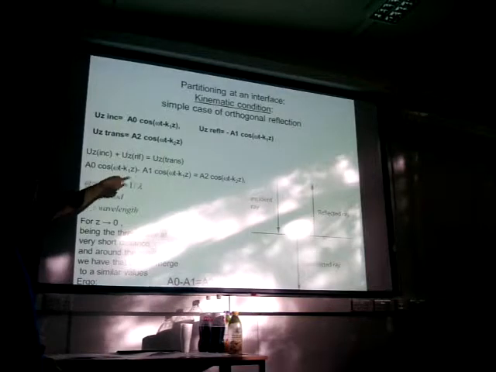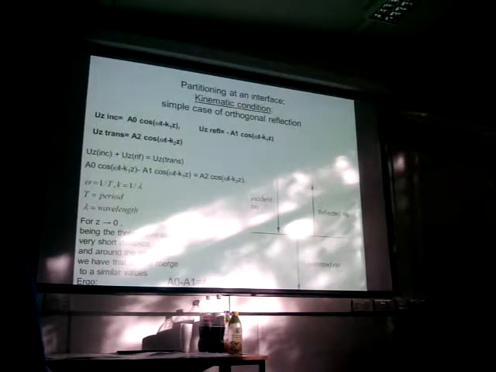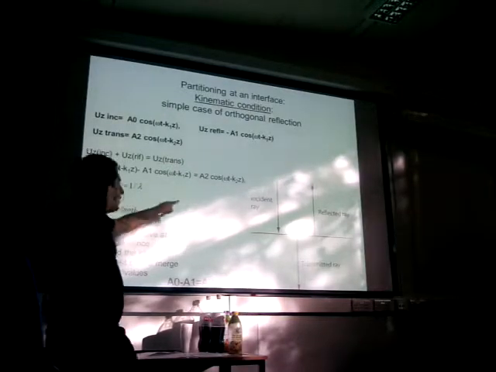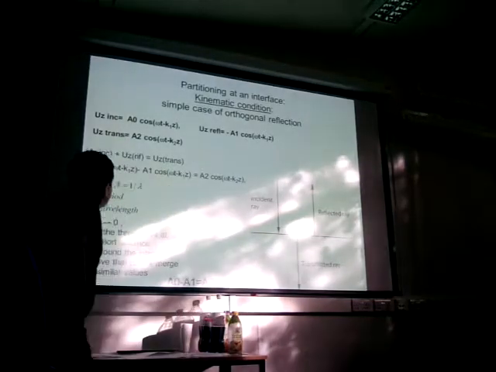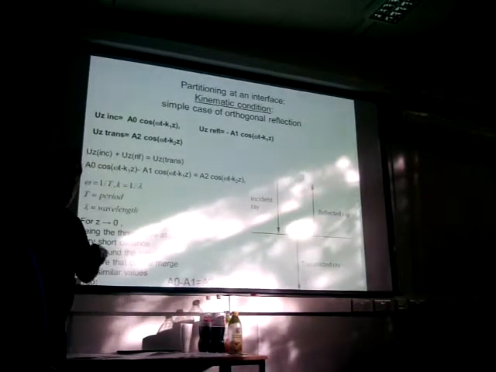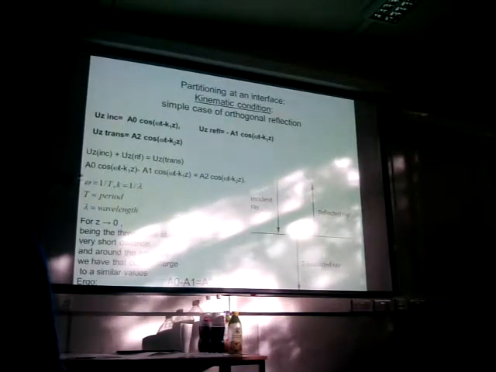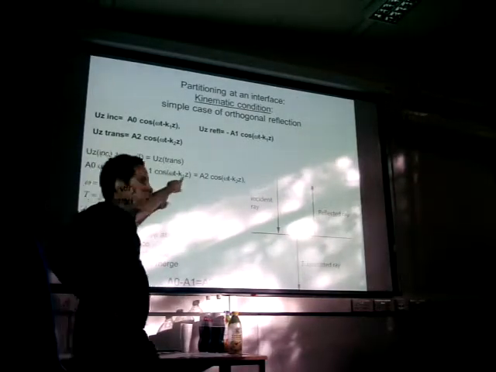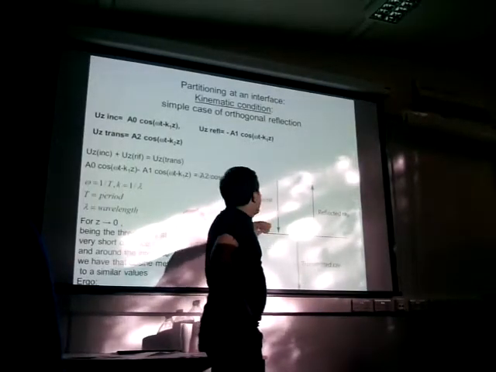Now, I write the equation of my incident ray, that is my A0 cosine (Wt minus K1 Z). Why do I put K1? Because in addition to the amplitude, even the wave number, or I can put the frequency, is a characteristic of that signal. That signal is going through a medium that is different from that one. So I need to separate either the frequency or the wave number. Now, for mathematical reasons, I strongly suggest you follow the option in which I'm changing the wave number. So the wave has a property here characterized by a wave number defined by the medium, that is K1.